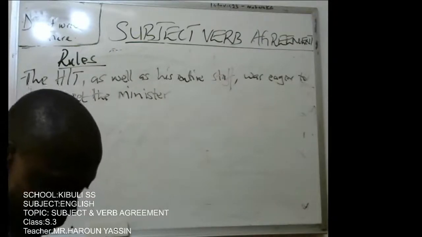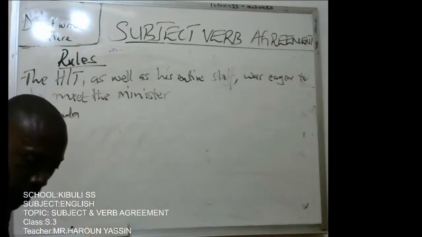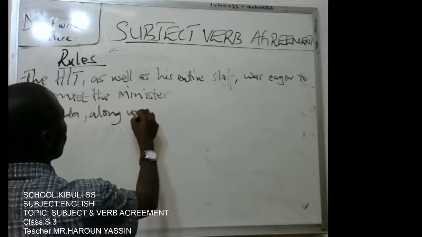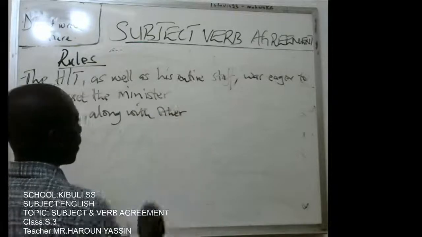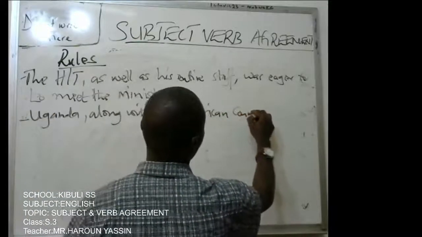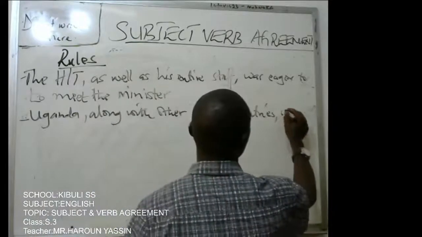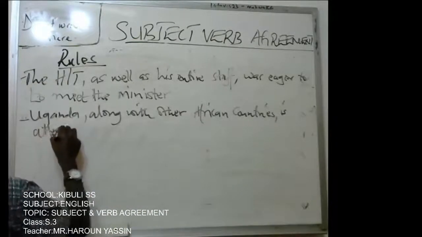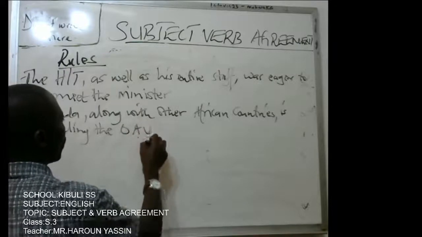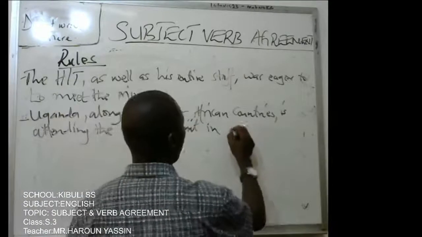Next one: Uganda, comma, along with other African countries, comma, is attending the OAU summit in maybe Nairobi.